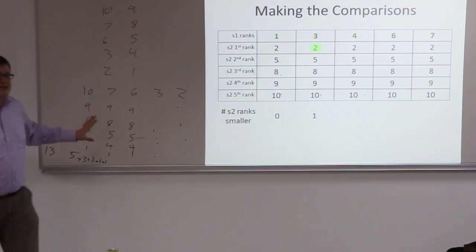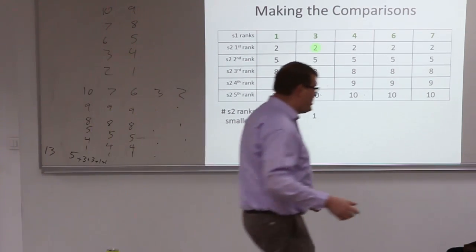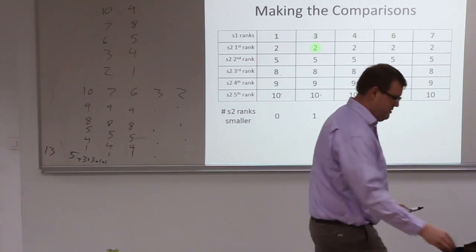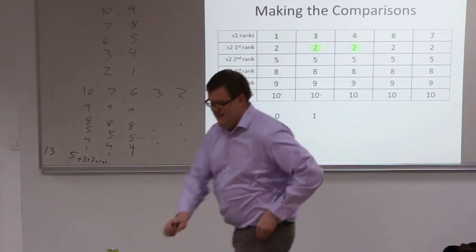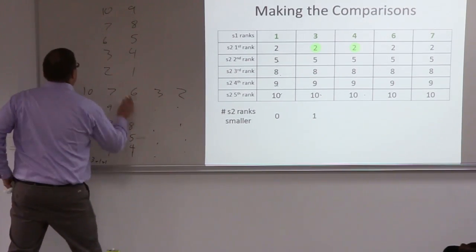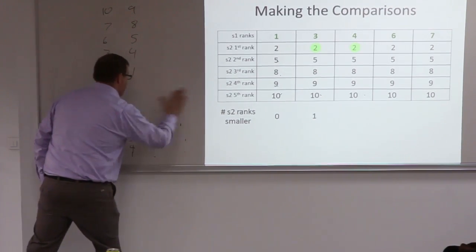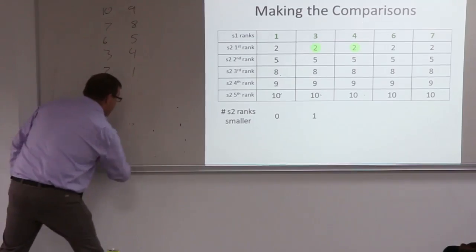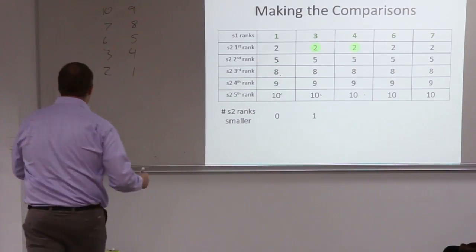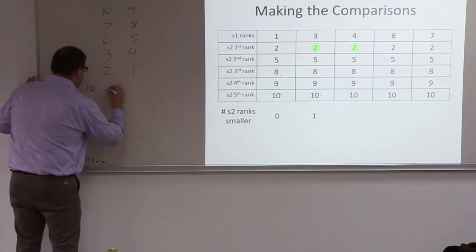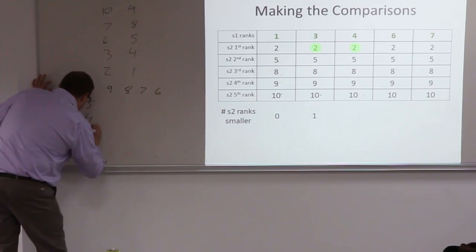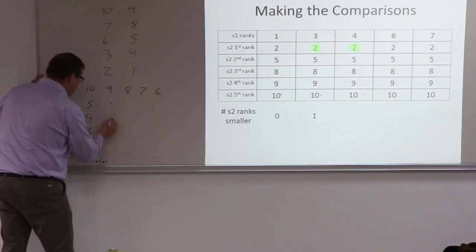If you had something really extreme, imagine a situation where you didn't have things equally distributed. Instead, you had something like this: 10, 9, 8, 7, 6, 5, 4, 3, 2, 1.